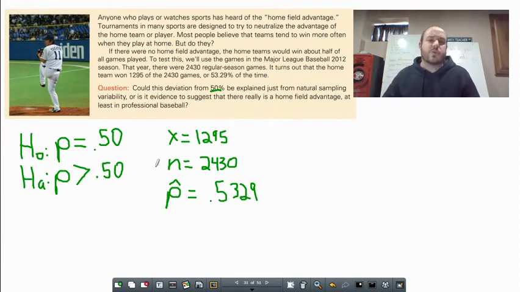In this case, the question does not define an alpha. So our level of significance is not given to us. Now, just like with confidence intervals, usually as a default, if they don't give you one to go with, you want to go with 0.05. So in other words, when we are all said and done here and we have a p-value, if our p-value is less than 5%, we will reject the Ho and accept the Ha.